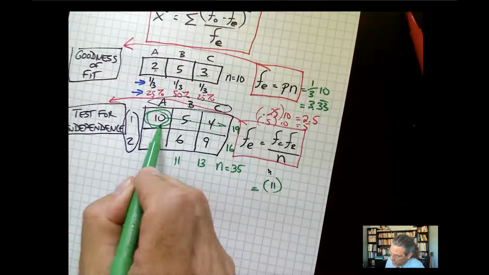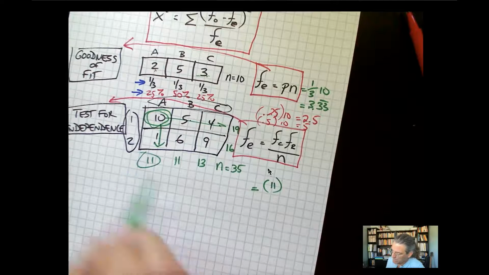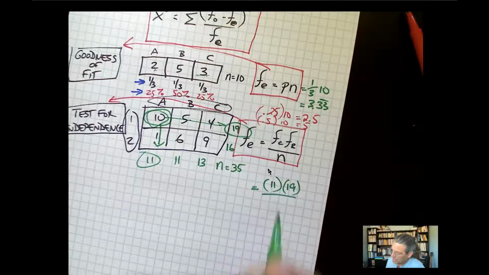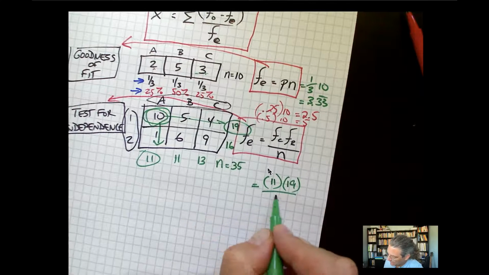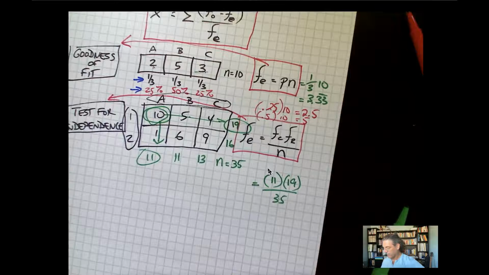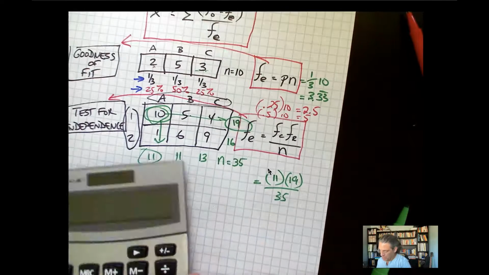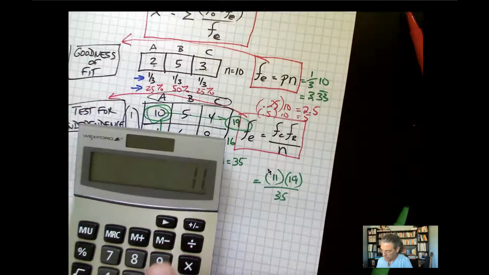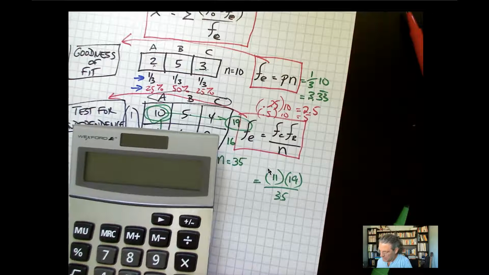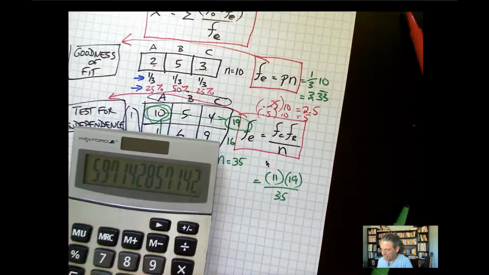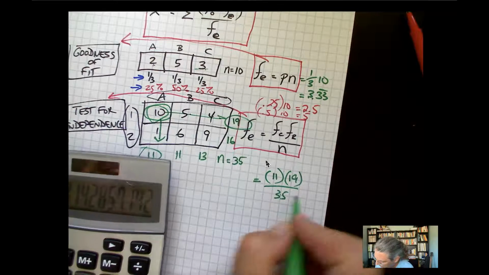So again, there's my column frequency, 11, and there's my row frequency, 19. So 11 times 19 divided by n, 35. And so if I grab my calculator, I have 11 times 19, that equals 209 divided by 35, and I get 5.97.